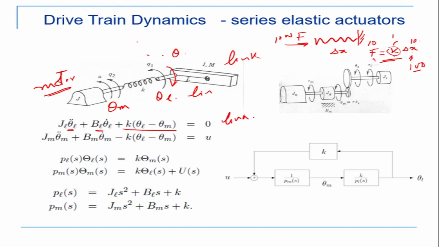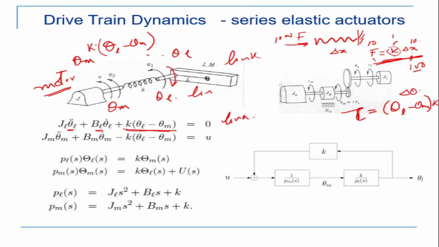If this is my theta L and that's my theta M, then in between there is a theta L minus theta M, right? And that is my K into that. K is the stiffness. So in this equation, the torque tau is equal to theta L minus theta M, which is the deflection, into K. That is what I'm writing here. So this is from the link side, which is equal to 0.